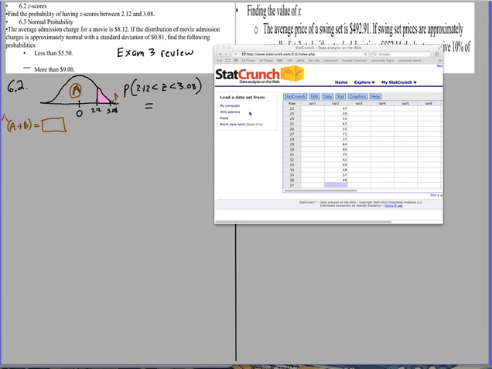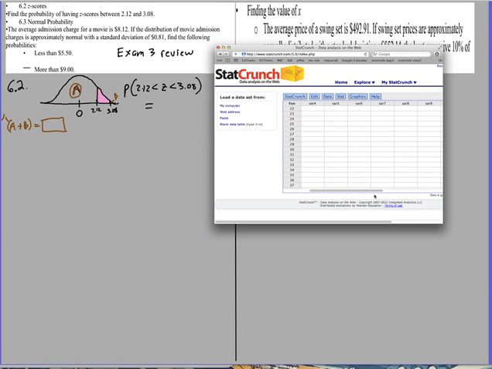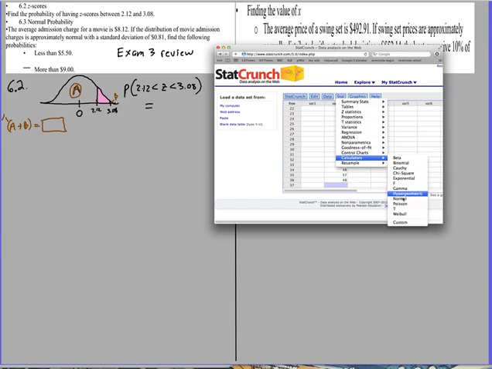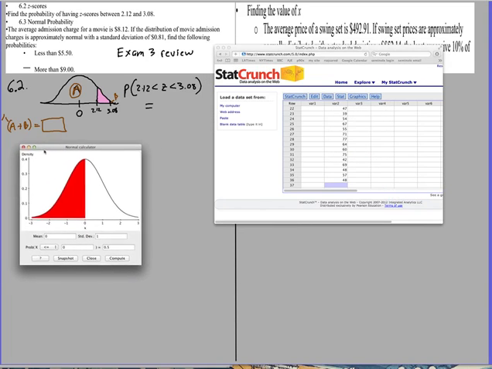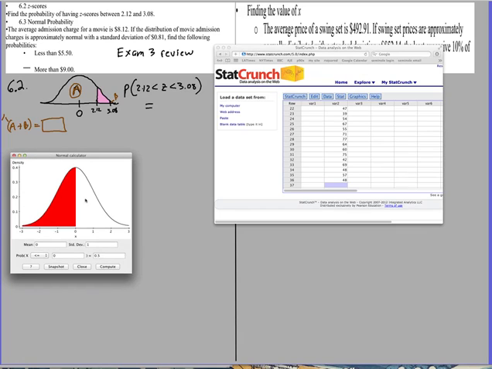Okay, so let's do 2.12 and less than. Stat, Calc, Normal. Now we want to do less than. So we'll use 0, 1, that's our standard mean and standard deviation.